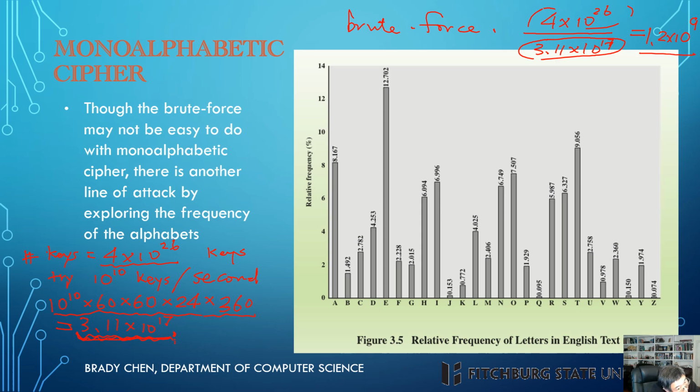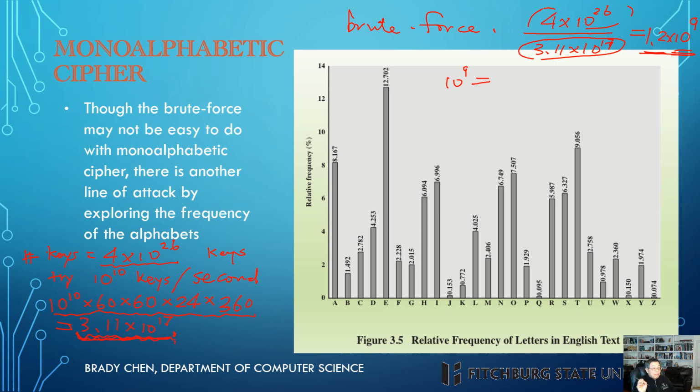Okay, so that's the total number of years I need. Let's forget about 1.2. Just take a look at the 10 to the 9. What's that number? That's a billion years.